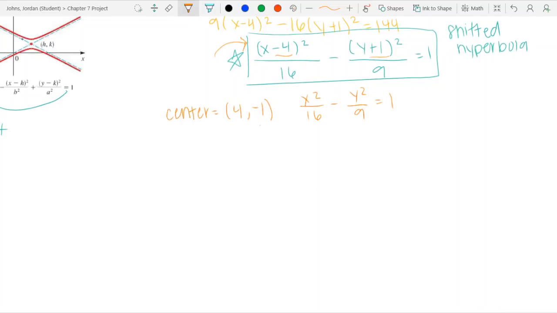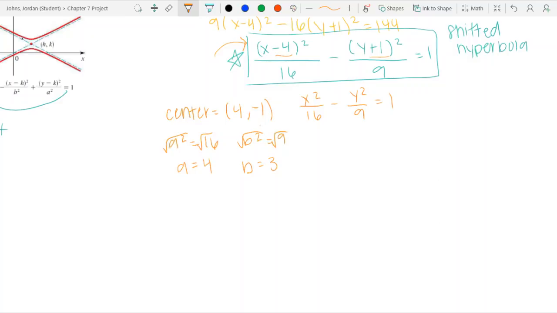Since a squared equals 16 and b squared equals 9, we take the square root of each side to find a and b. So a equals 4 and b equals 3.